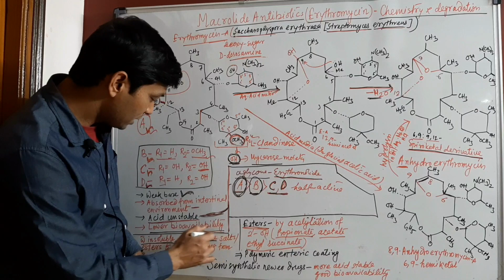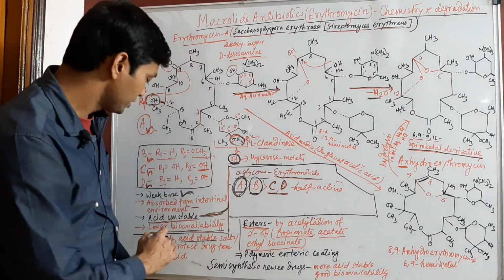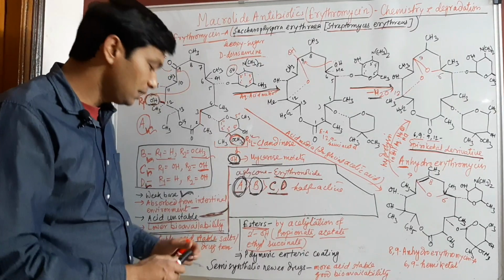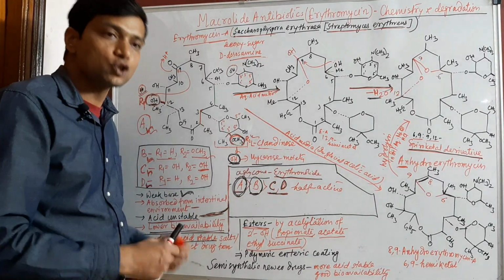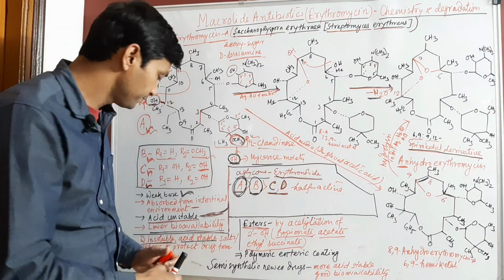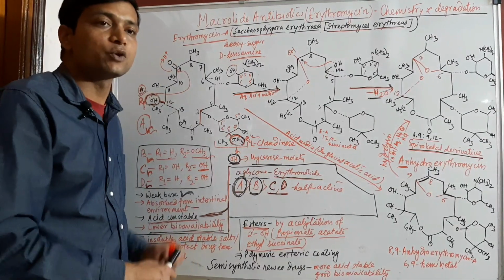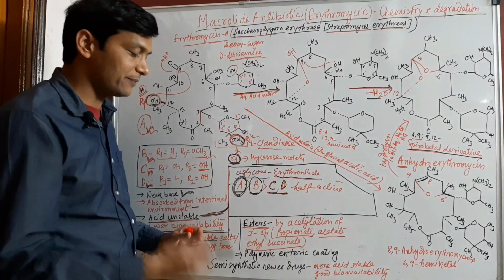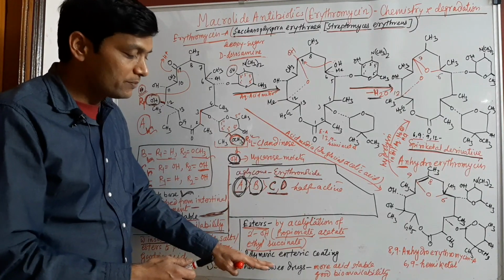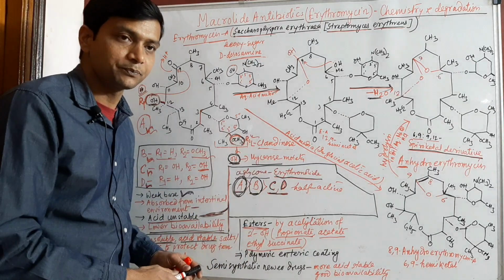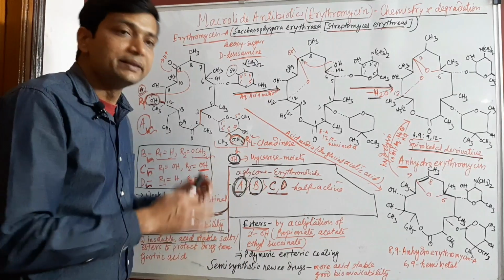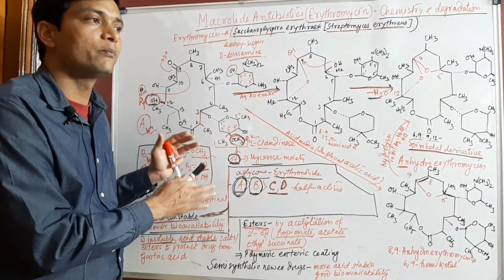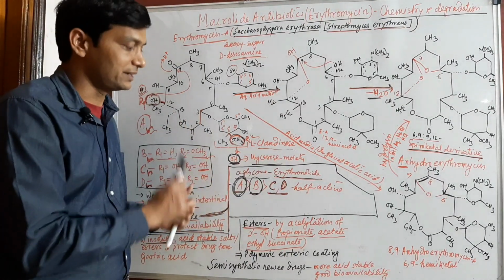One of the important approaches is to prepare water-insoluble acid-stable salts or esters to protect the drug from gastric acid degradation. Another approach is polymeric enteric coating, and that polymeric enteric coating can prevent the drug from gastric acid degradation.